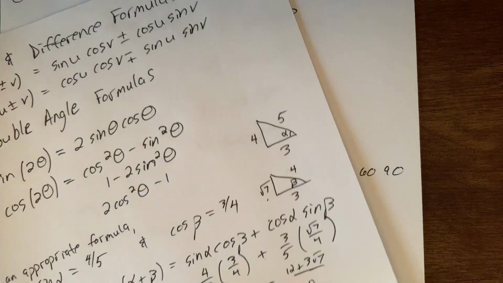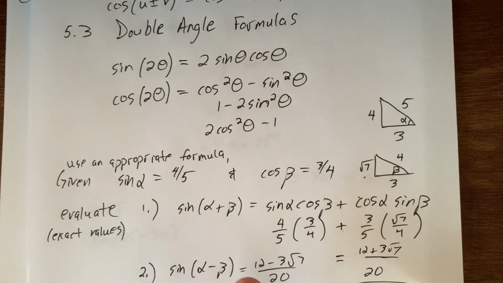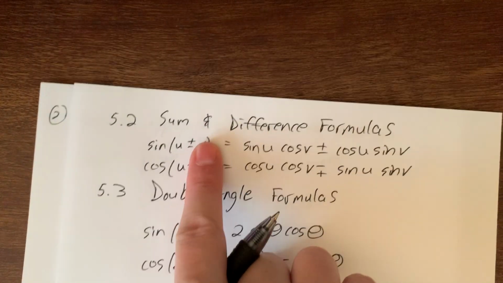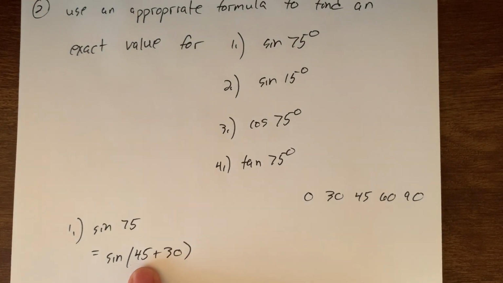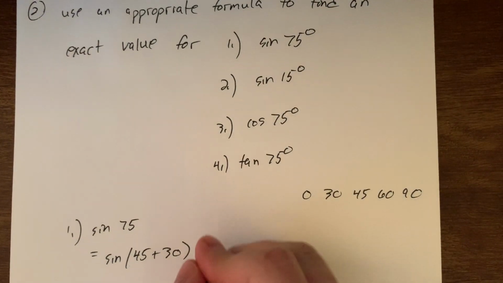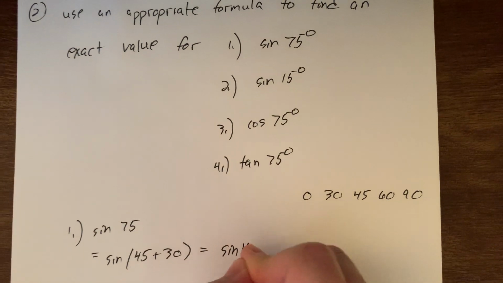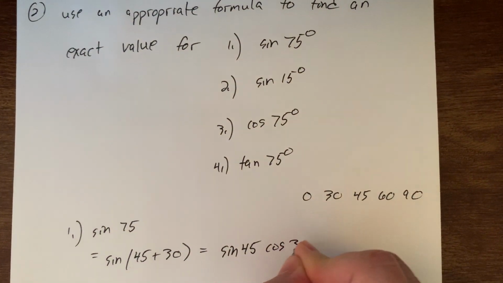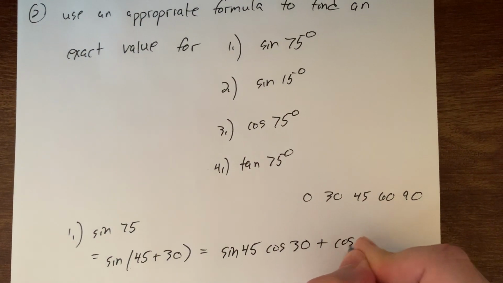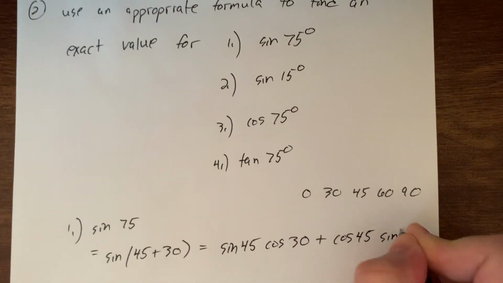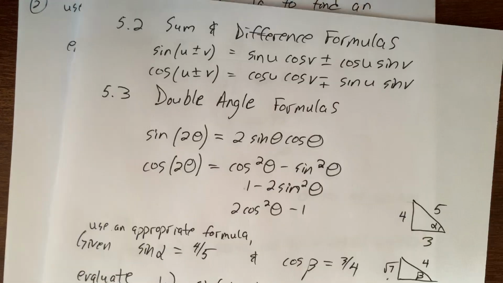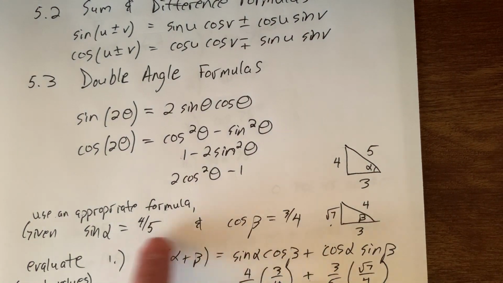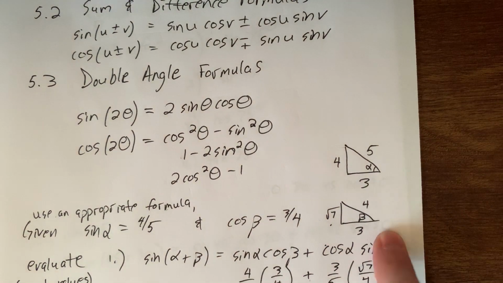And now it's not alpha plus beta like we had here, or u plus v like we had here, but it's that same setup, that you could treat the 45 as the u and the v as the 30. So this will be sine 45 cosine of 30 plus cosine of 45 sine of 30. Now we needed the right triangles to fill in the missing values. Some we already knew, but the missing came from here.